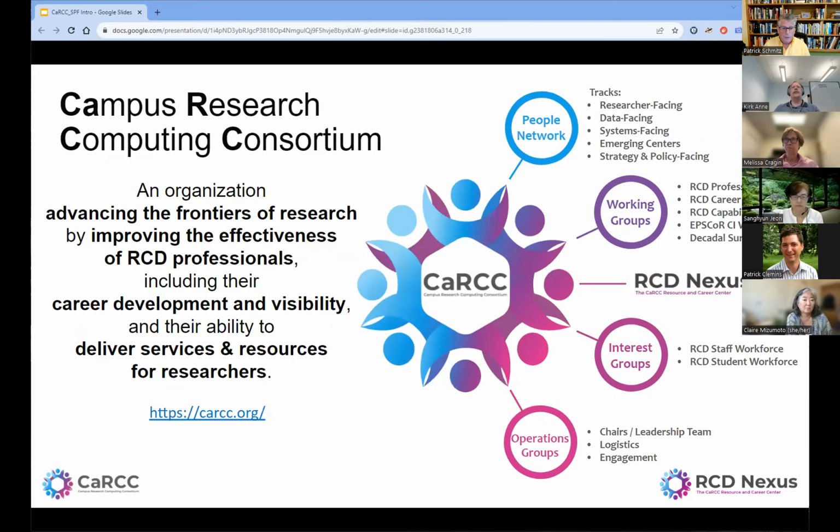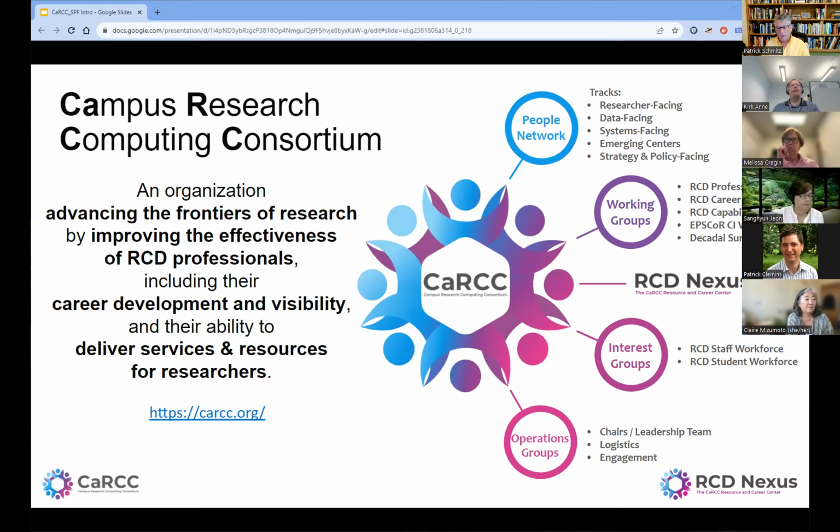So the Campus Research Computing Organization, as I mentioned, is this organization to advance what we're doing. It includes the People Network as well as these other areas. We have working groups that actually develop different products, share best practices and try to document them and produce tools to help everybody out. We also have interest groups, which are a lighter weight organization of folks who are coming together to discuss and explore an idea.